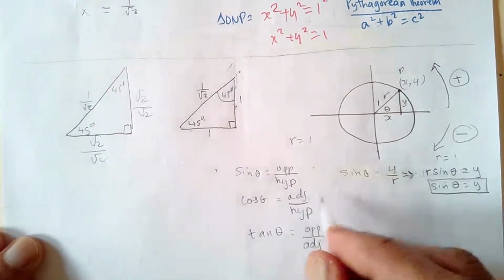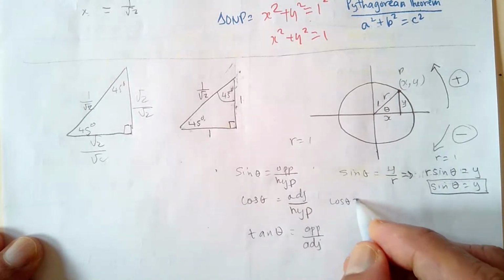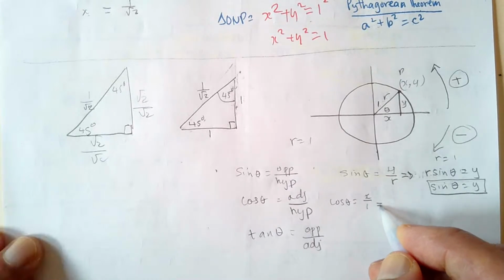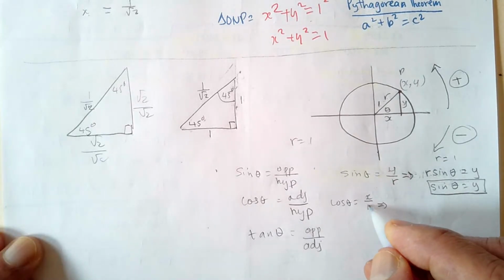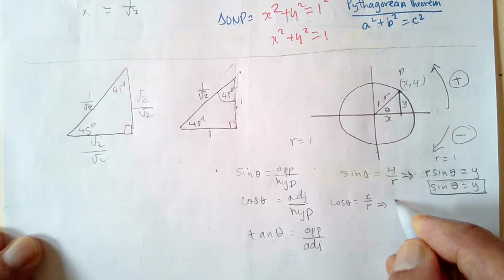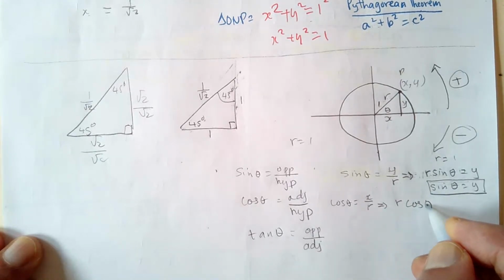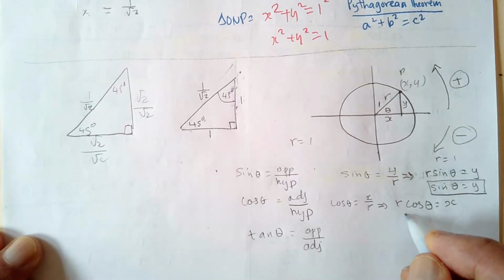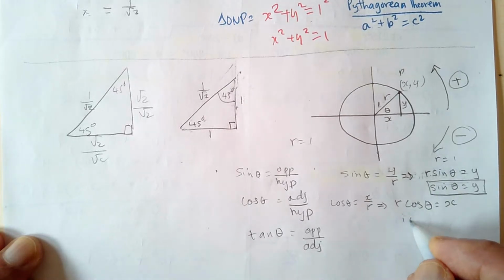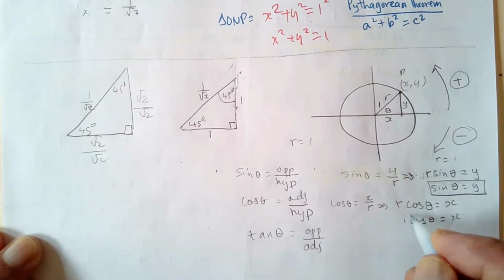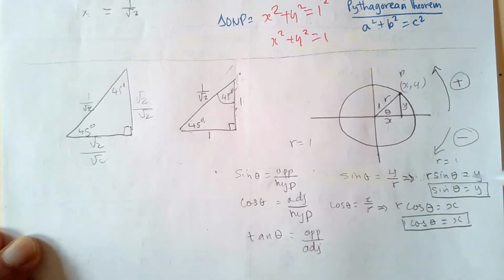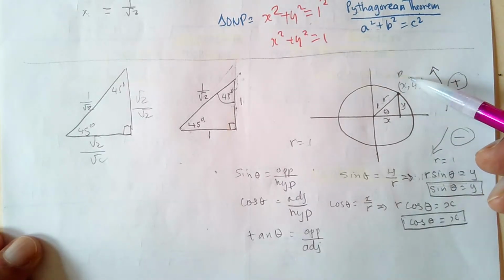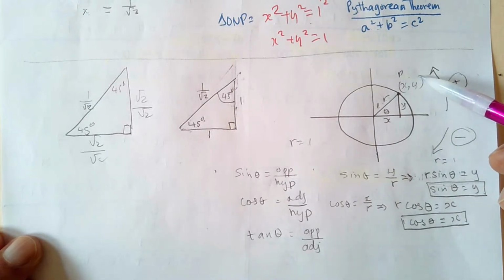Cos would be the same thing here. We have cos theta is x over r, which is r cos theta is equal to x. Since r is 1, we have 1 cos theta is equal to x. So here we are simplifying. We can say x now is cos and y is sine.